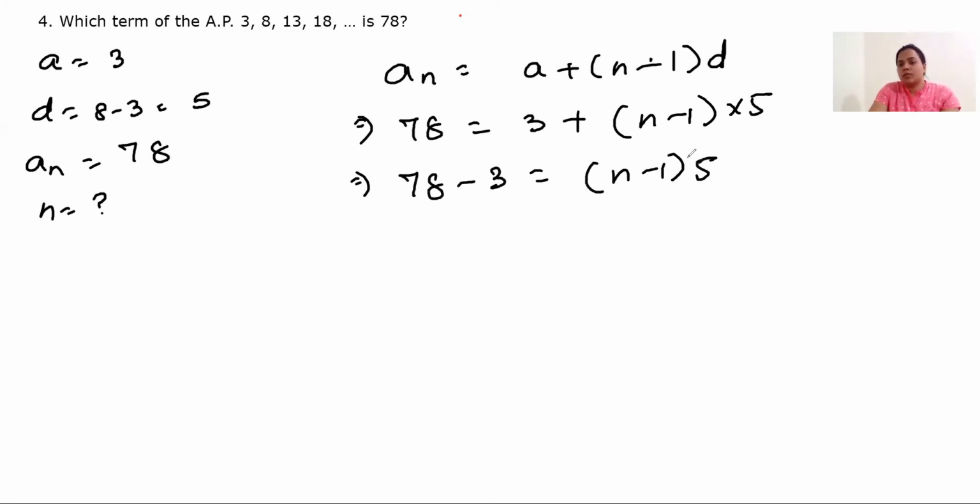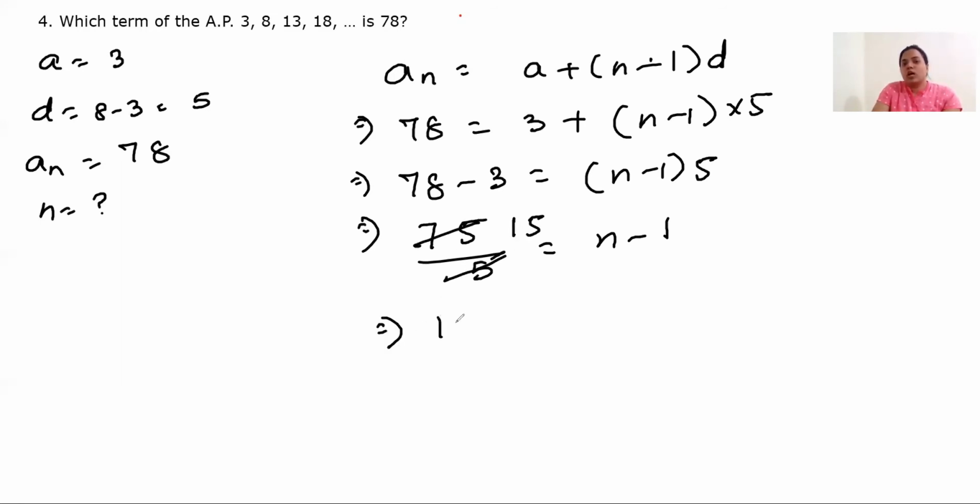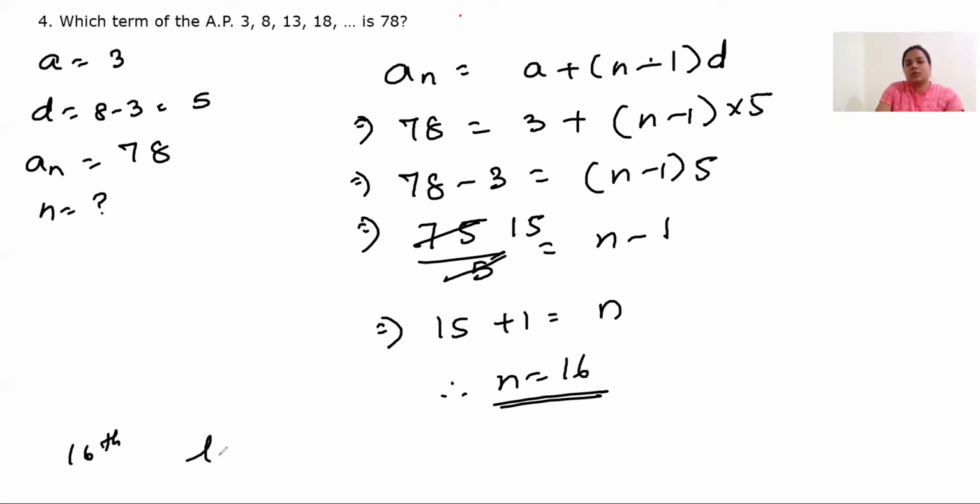This will be equal to N minus 1 into 5. This will be 75. We will divide by D. 75 by 5 is equal to N minus 1. This will be equal to 15. So now we will add 1 to it. 15 plus 1 is N. Therefore, N is 16. It means the 16th term is 78.